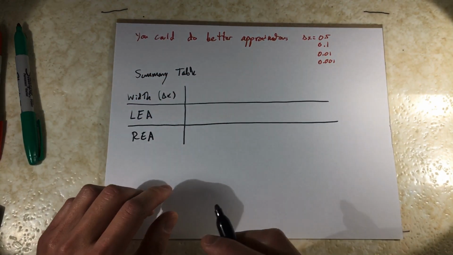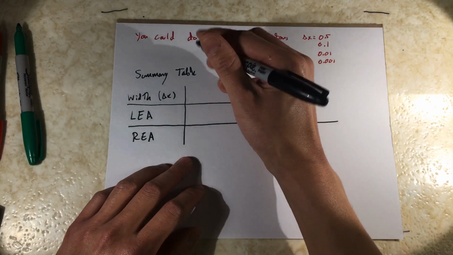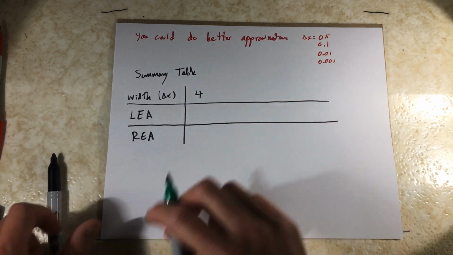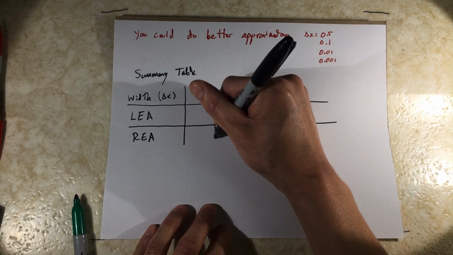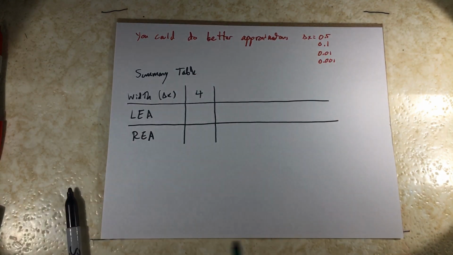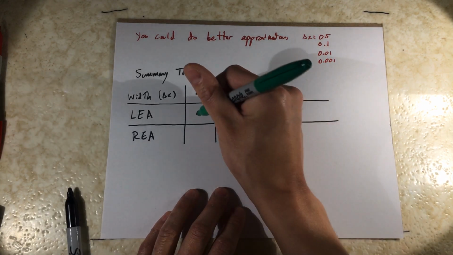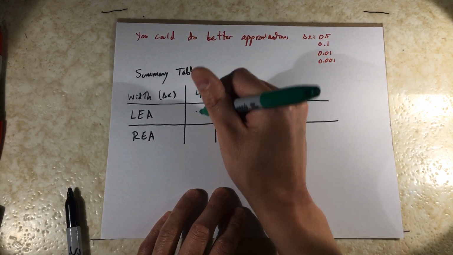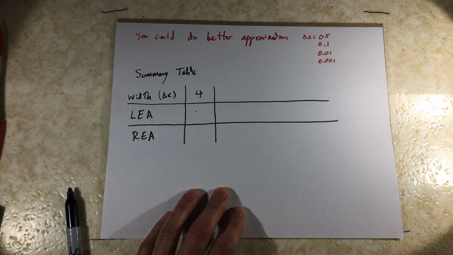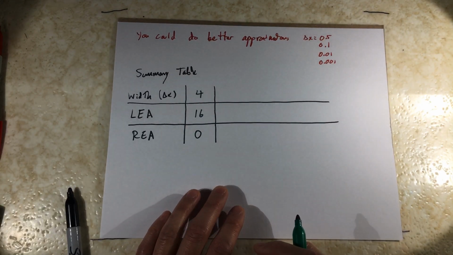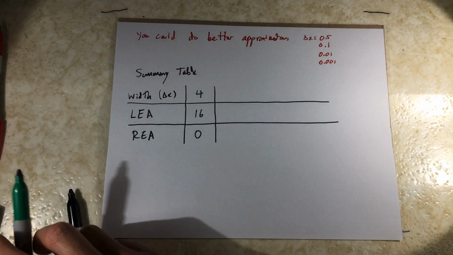The first approximation was a width of 4, and when we did that, our left end was 16 and our right end was 0, so it was somewhere between 16 and 0.